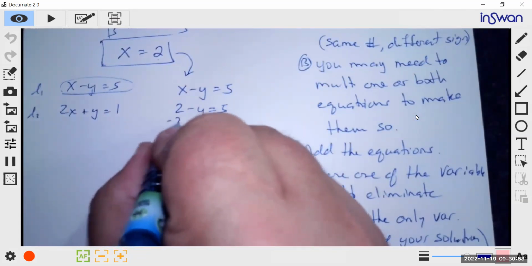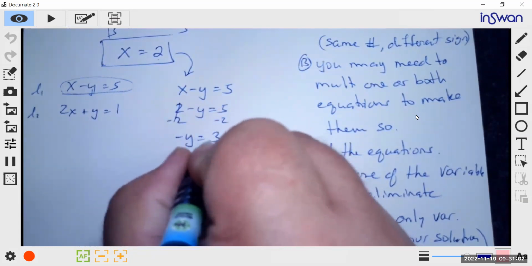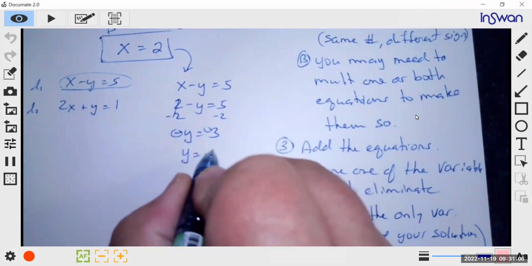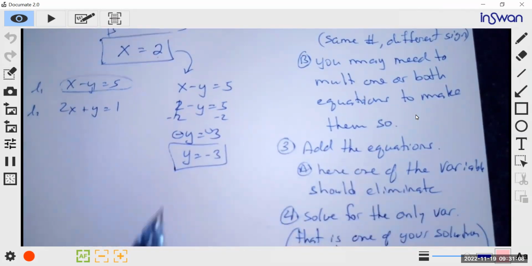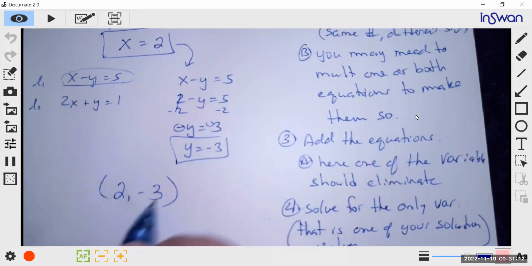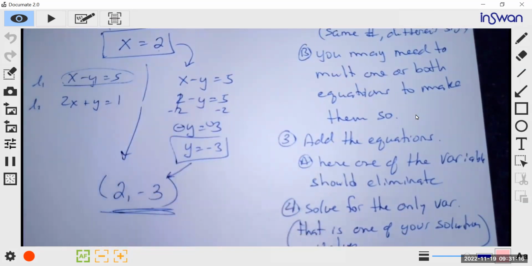Solve for y. Change the signs. So my solution is at x equals 2 and y equals -3. That's the elimination method.